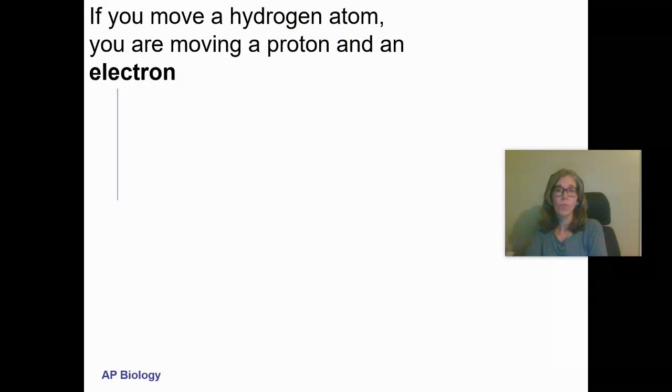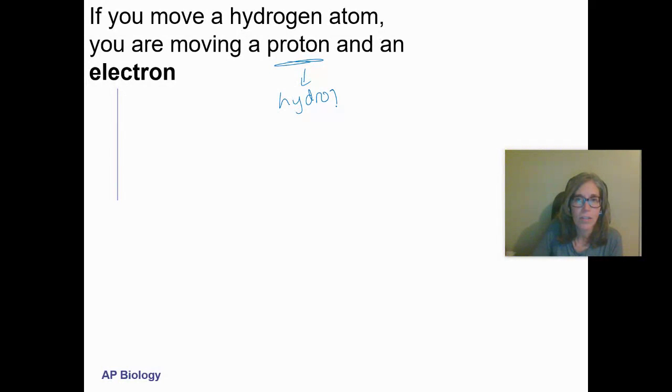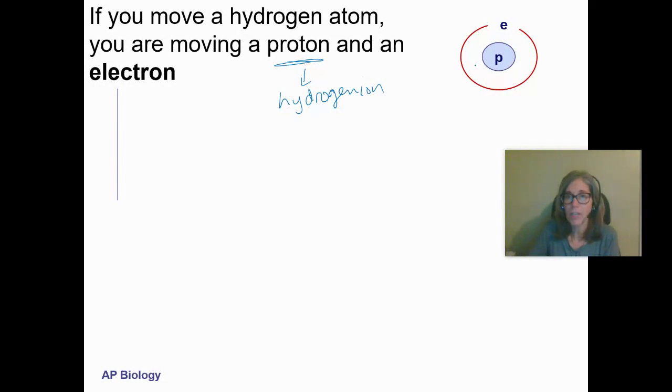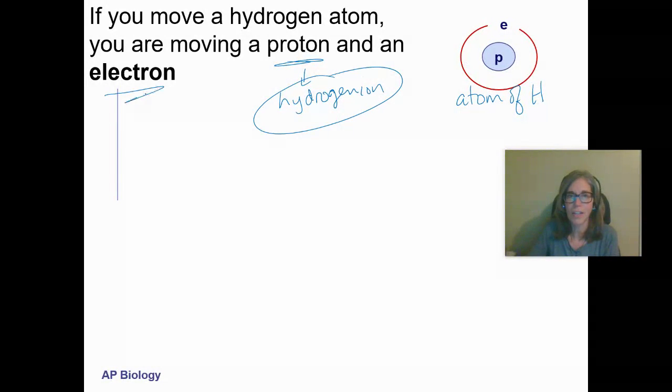Okay, so if you're moving a hydrogen atom, you're moving a proton and an electron. And remember the proton, I can also call it a hydrogen ion. So here's a hydrogen atom. It's got a proton and an electron, and it's made out of both the hydrogen ion and the electron.